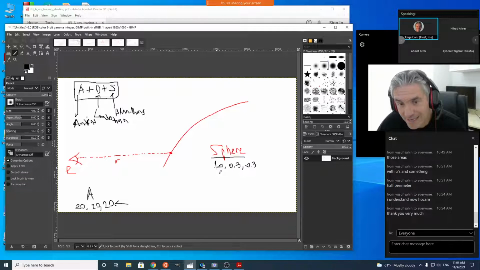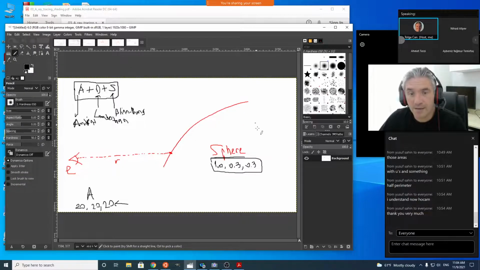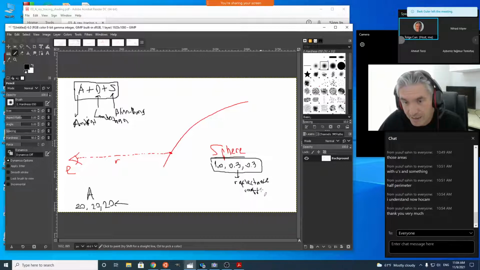So the way we indicated the color of this sphere was by writing what we call the reflectance coefficients. These are sometimes called reflectance coefficients, which means that it's the color of the material. It's reflecting these components of the white light. Okay, 100% red is reflected.